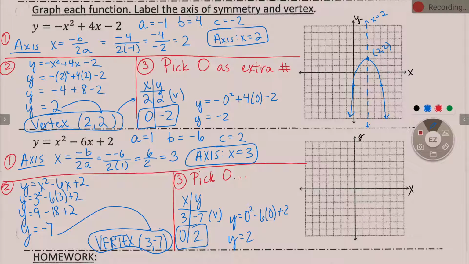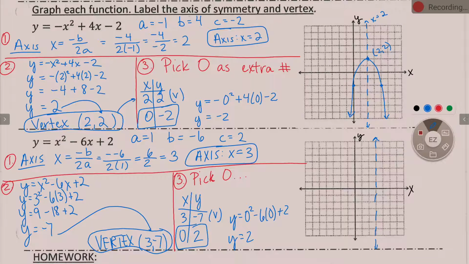Okay. Graphing. What do I graph first? Axis. Yeah. Go back to step 1. Axis of symmetry, x equals 3. So over 3 and make your dotted line.